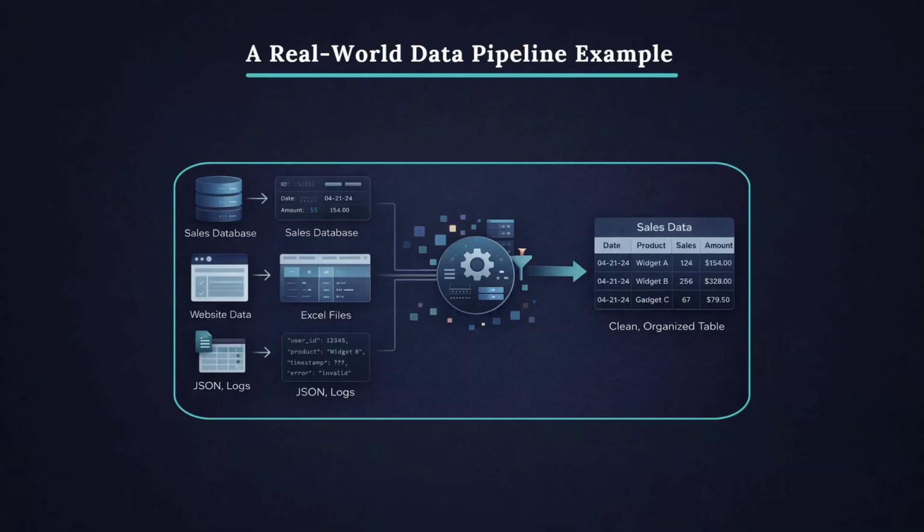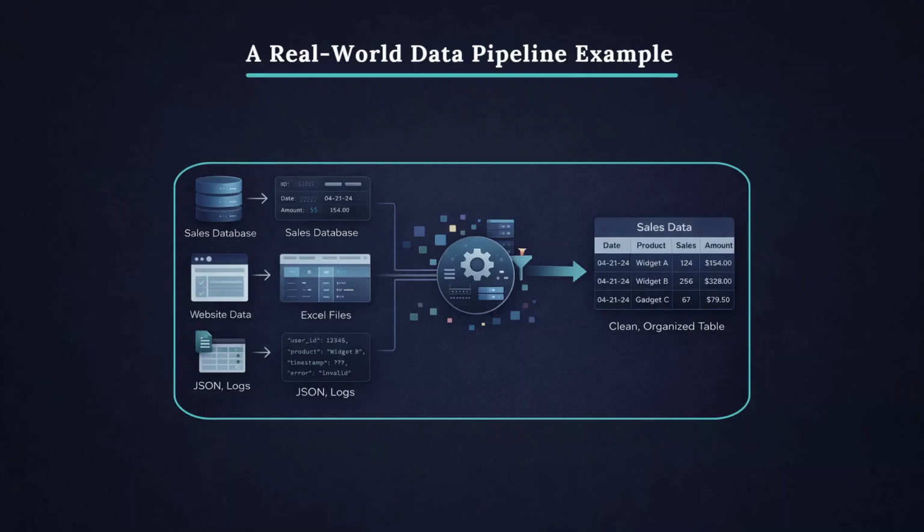Once the data has been stored at the central place, the next step is data processing or data transformation. This is the step where the data is cleaned and standardized. For example, there are dates which were not in the correct form, so the dates are formatted in the same way, product names are aligned, and sales numbers are validated.